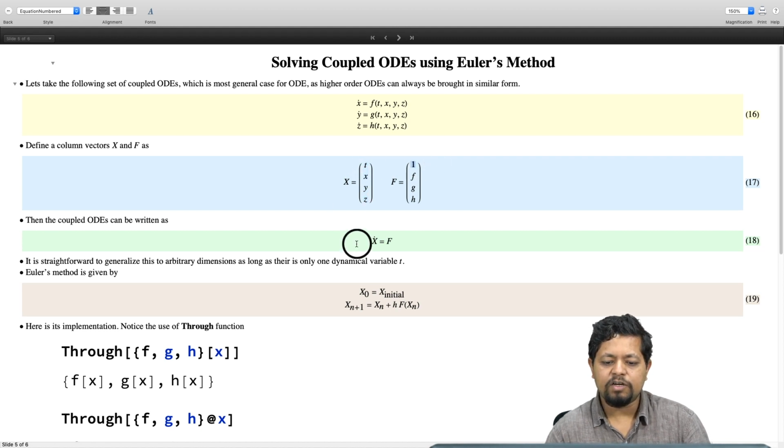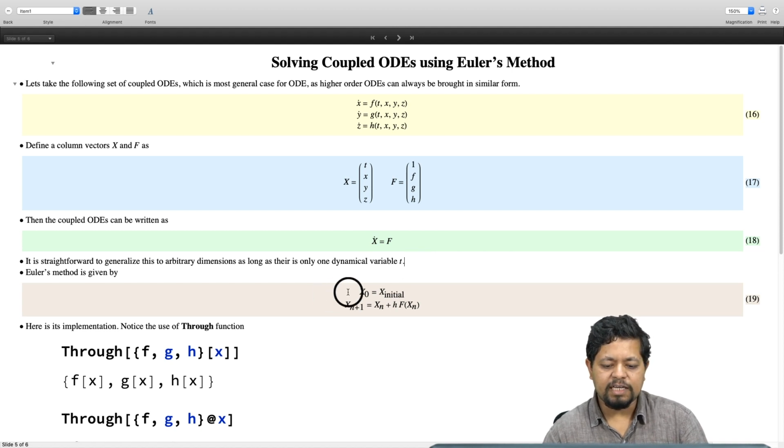So that's the trivial equation, and x dot equal to f, y dot equal to g and z dot equal to h are the set of these 3 equations. Now the initial condition can also be written in terms of X naught, that is, at t equal to t naught I have x equal to x naught, y naught and z naught. So big X naught becomes my initial condition, where big X naught is t naught, x naught, y naught and z naught, a set of 4 quantities.